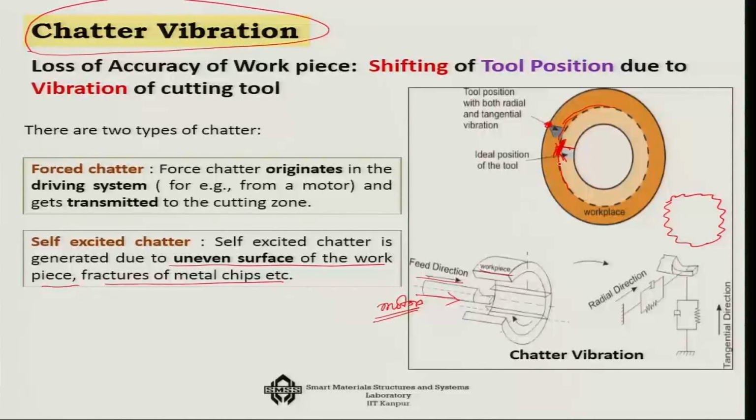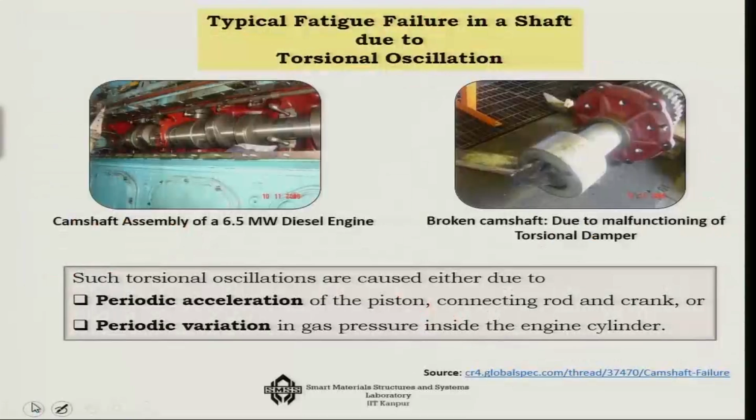So, in that case also you will get a similar degradation in the performance of the system. So, you can have chatter both as forced chatter as well as self excited chatter, and depending on the case we have to have different strategies of vibration control.